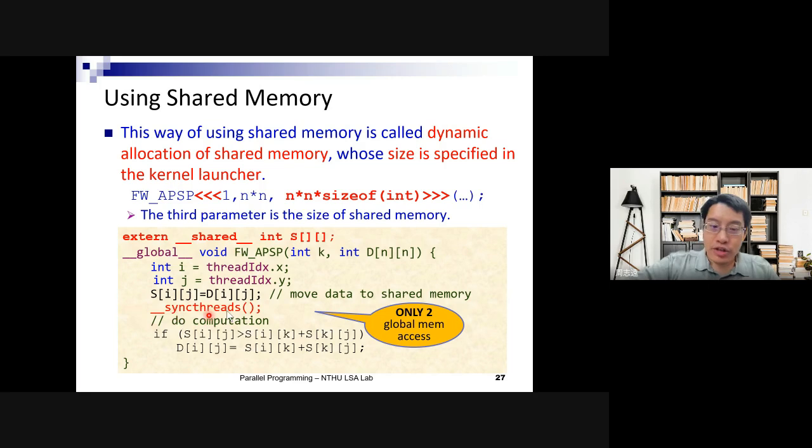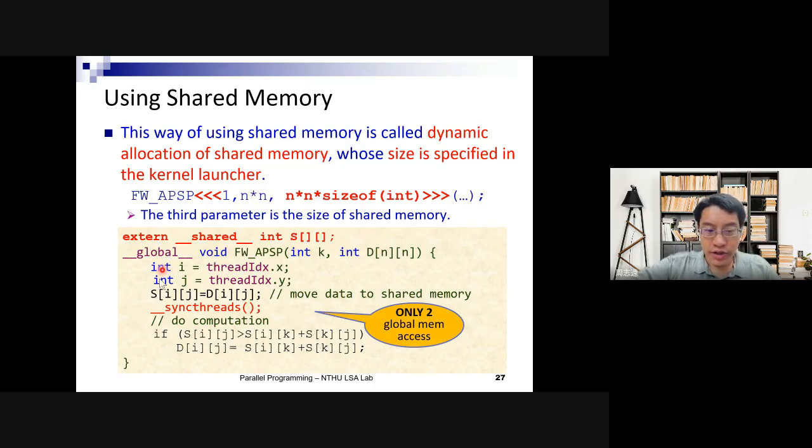Okay, so every thread can take responsibility to move some of the items from D to S. In this simple case, we assume we use n squared threads to deal with an n by n matrix, so basically each thread can handle one data element.